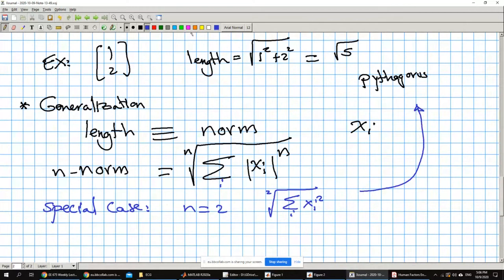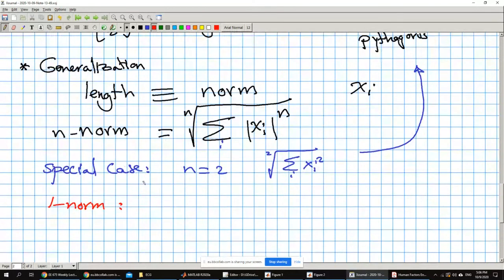There is the one norm, and sometimes it's very useful to use the one norm. You will see it in papers at least. Basically, you can compute the length as the 1st root. Actually, the 1st root is just no root. You don't really need to even put it.